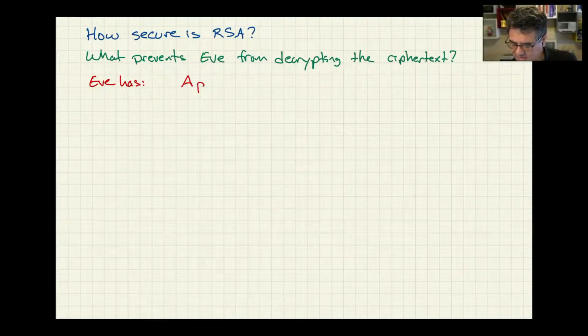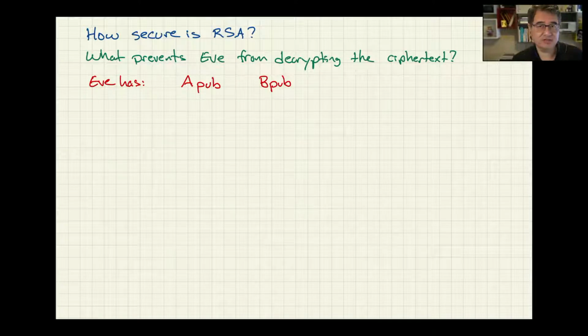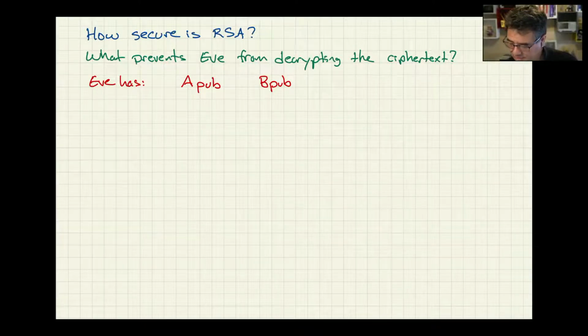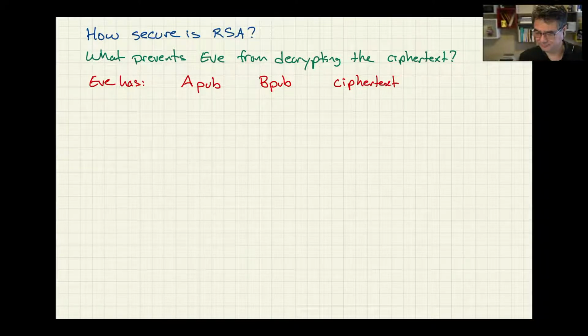So she has access to Alice's public key, because remember they exchanged it when they began communicating. She has access to Bob's public key. She does not have access to their private keys. They've kept those secret and they haven't communicated them. And she also has some ciphertext to work with.